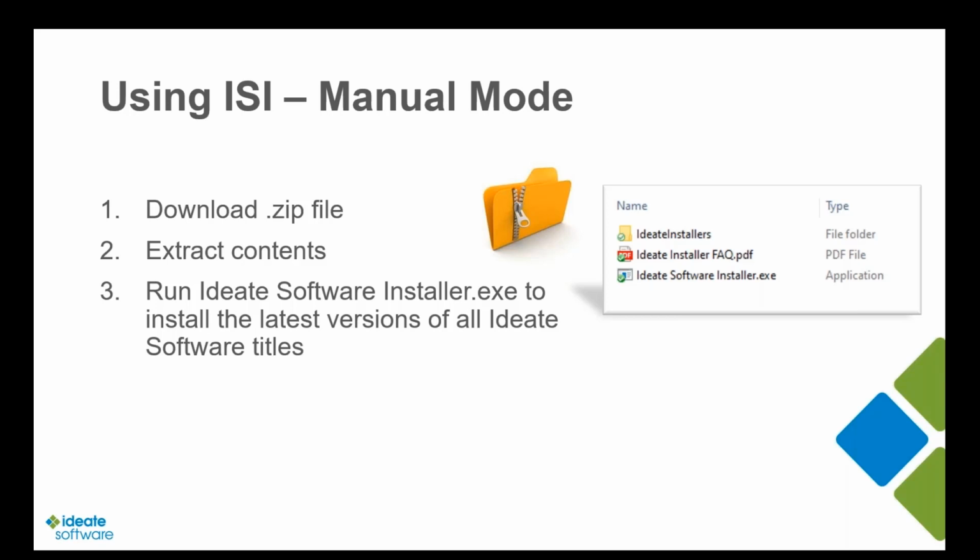The very simplest way to use this is download the zip file, extract it, and just run Ideate Software Installer, the exe. All it will do is install all of the solutions on the local computer. So if you were building an image that you will later ghost to your computers, you can use this to just install everything.